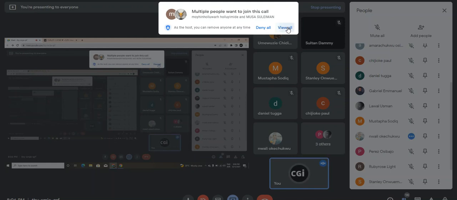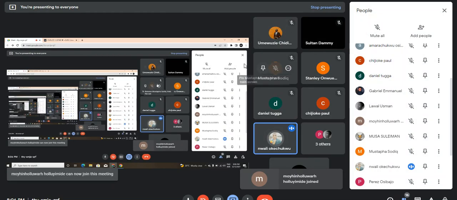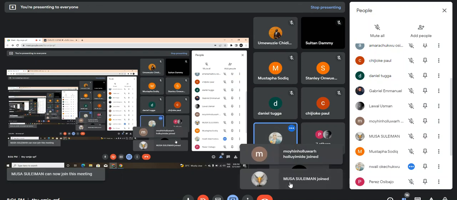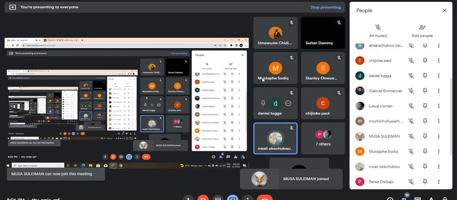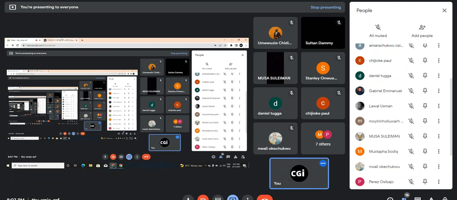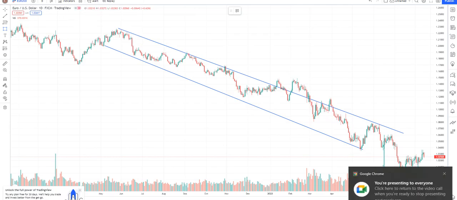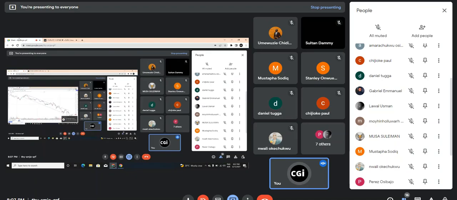Oh, people want to join. Sorry, if you can zoom it, you are able to zoom it. If you cannot see it well, just put your phone in full screen. You guys will see it clearly.